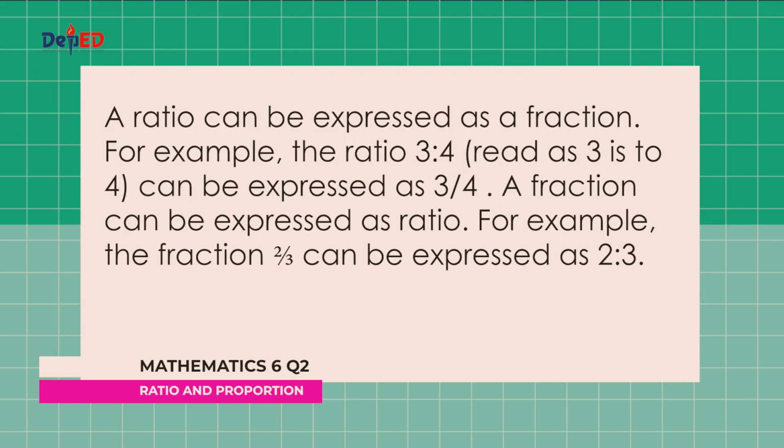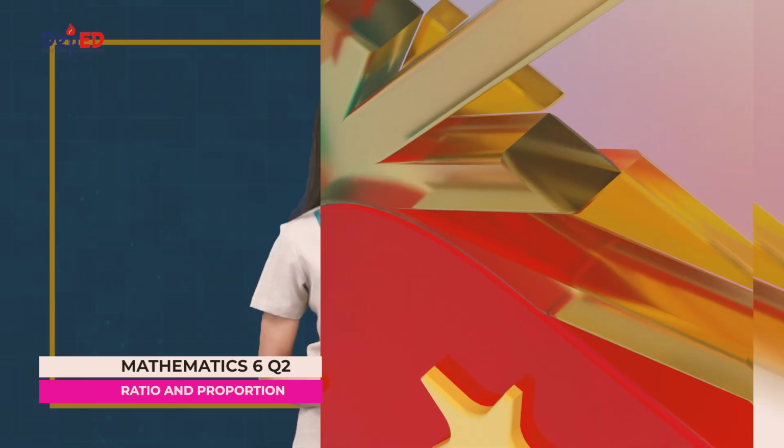A ratio can be expressed as a fraction. For example, the ratio 3:4 can be expressed as 3/4. A fraction can be expressed as ratio. For example, the fraction 2/3 can be expressed as 2:3.